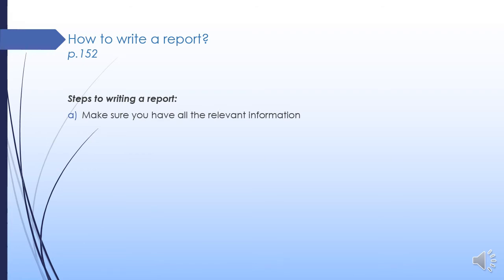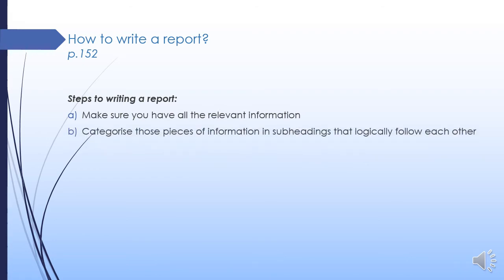So make sure first you write a draft, and in this draft, the first step is you gather all relevant information about what is needed from you. The second step is categorize those pieces of information into subheadings that logically follow each other.